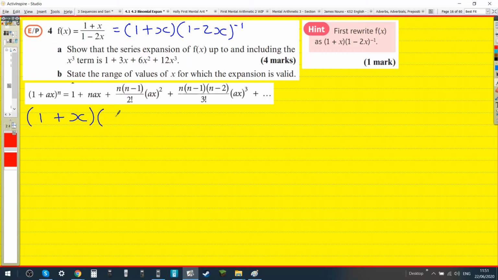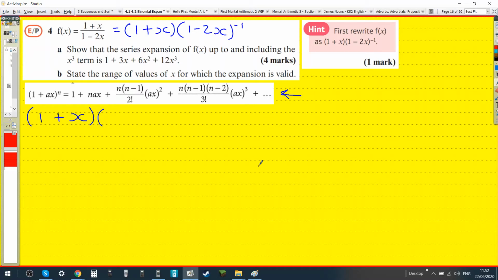When you say expand, do you mean the 1 minus 2x to the minus 1 bracket? Yep. Binomial expansion is just a formula for expanding brackets. And if it's to the power of a minus or a fraction, then you use this formula.